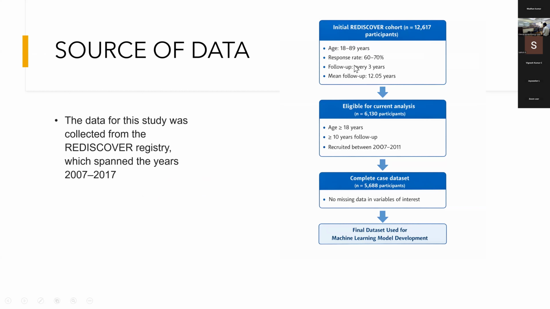From this cohort, they chose about 6,130 eligible participants who were 18 years of age and above, had more than 10 years of follow-up data, and were recruited between 2007 and 2011. They excluded about 500 participants because of missing data in the variables. Finally, the net number of people in the study was 5,688. For these 5,688 participants, clinical predictor variables were fed into a machine learning algorithm to predict the cardiovascular risk.